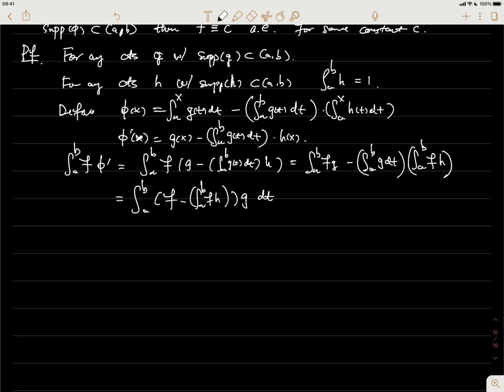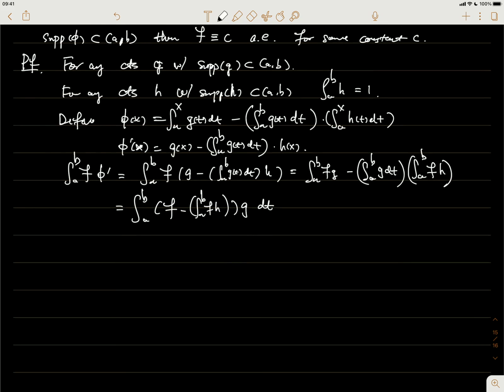Okay, so we will get that. And as you can see, g is continuous with compact support here. So that's true for every such g, and this one is equal to 0 because we know that this is equal to 0. So that just means that this part is equal to 0 almost everywhere.